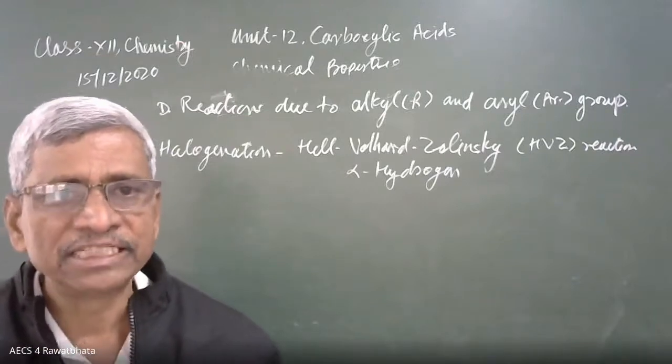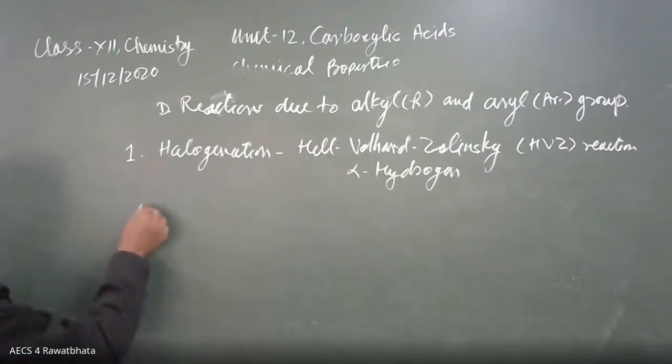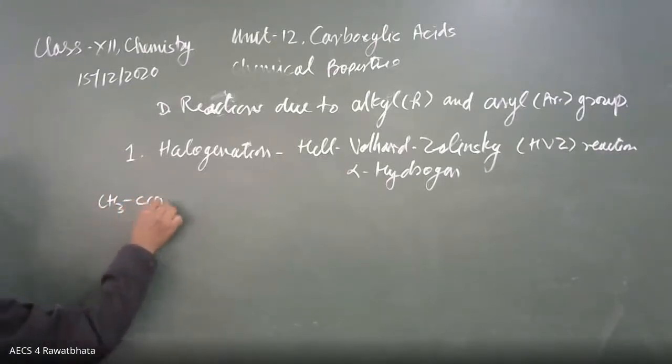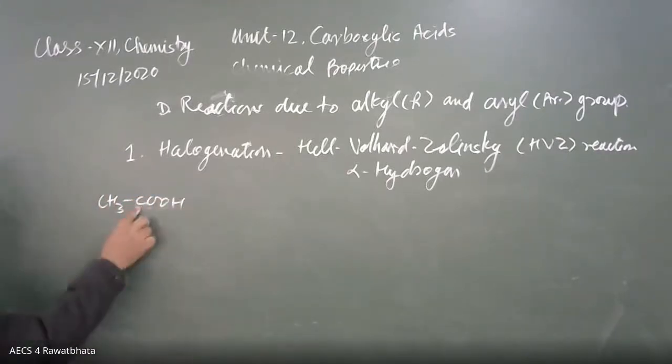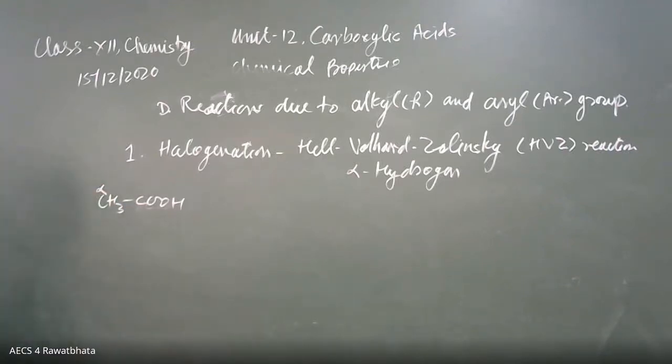That is the HVZ reaction. What is the reaction here? See, I am taking a specific one, CH3COOH. The carbon to which the carboxylic group is attached is called the alpha carbon. This carbon is the alpha carbon. 3 alpha hydrogen atoms are there, that's why this reaction will be a 3 step reaction.